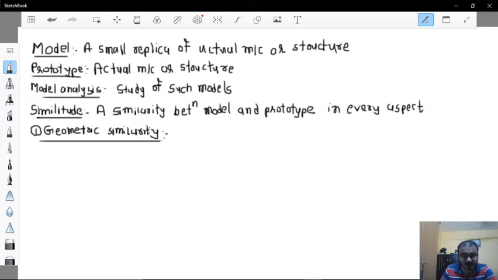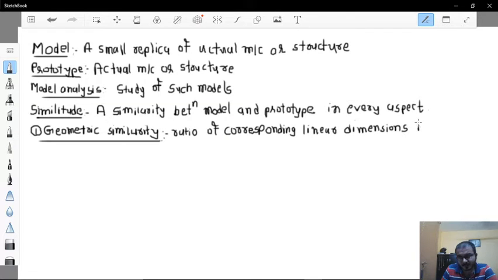So here the ratio of corresponding linear dimensions in model and prototype are same.